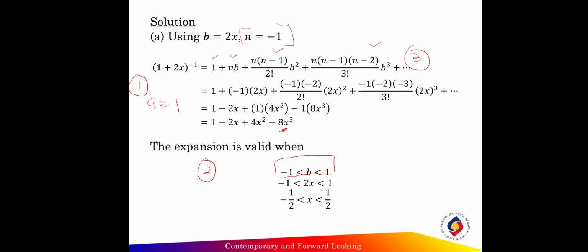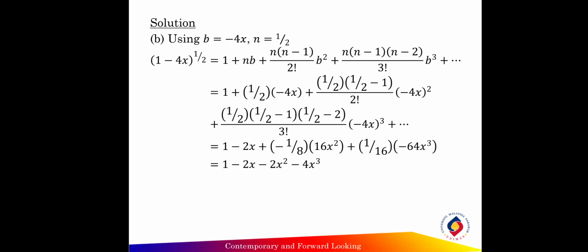I already taught you how to remember it easily: you just refer to the previous n, then add n minus 1, then n minus 2. For the factorial, you look at how many brackets, and that is the factorial. The b power is increasing, that's all.